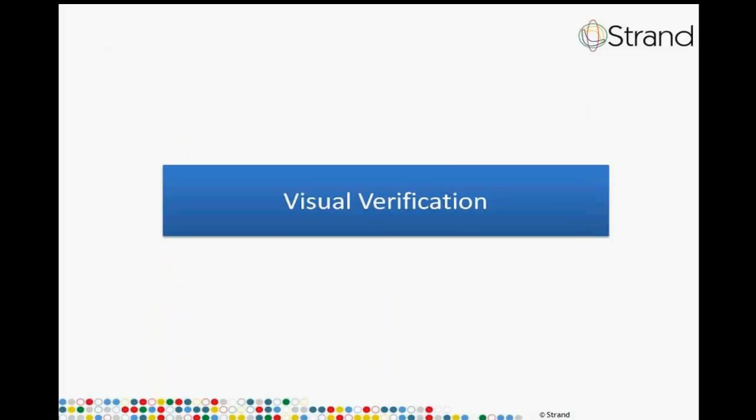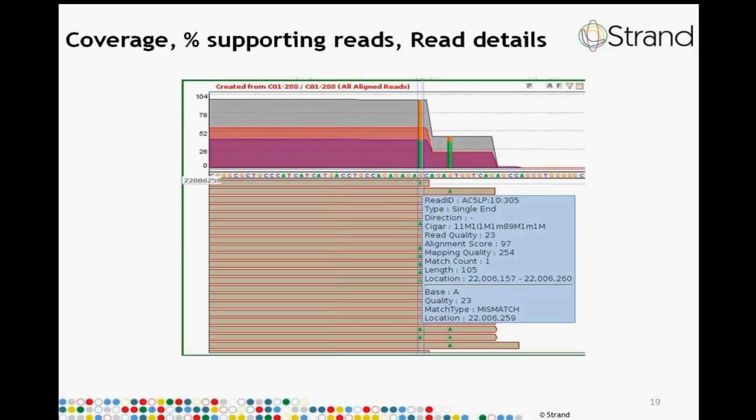Now that we've seen the different attributes that are associated with the SNPs, let us see how we would verify the SNPs visually. The first tool that we would use to verify is the genome browser itself. You can drag the SNPs that have been detected into the genome browser as a track and quickly navigate from one SNP to the next.